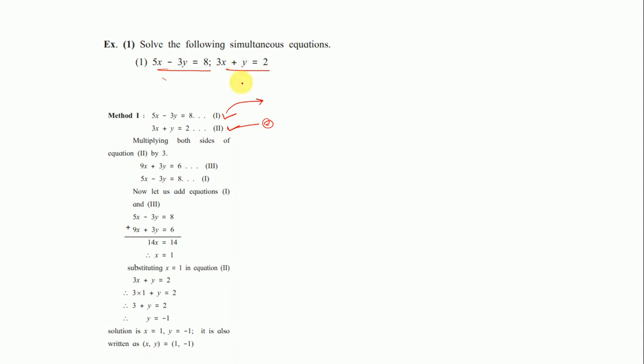See, if we multiply equation number 2 by 3, equation number 2 being 3x plus y equal to 2, what will we get? 3 into 3, 9x plus 3y equal to 2 into 3, 6.